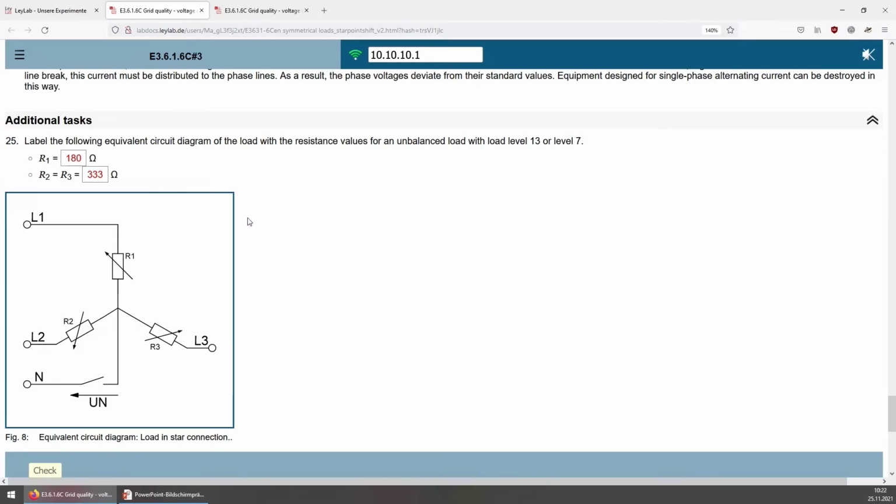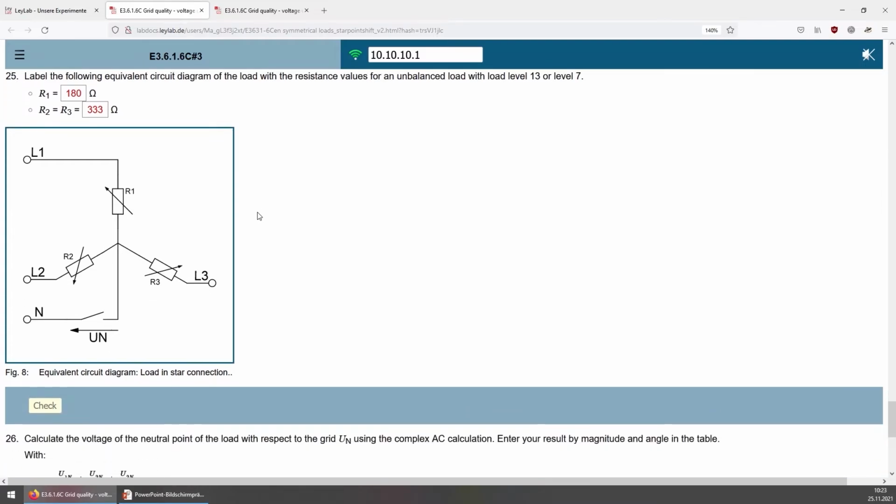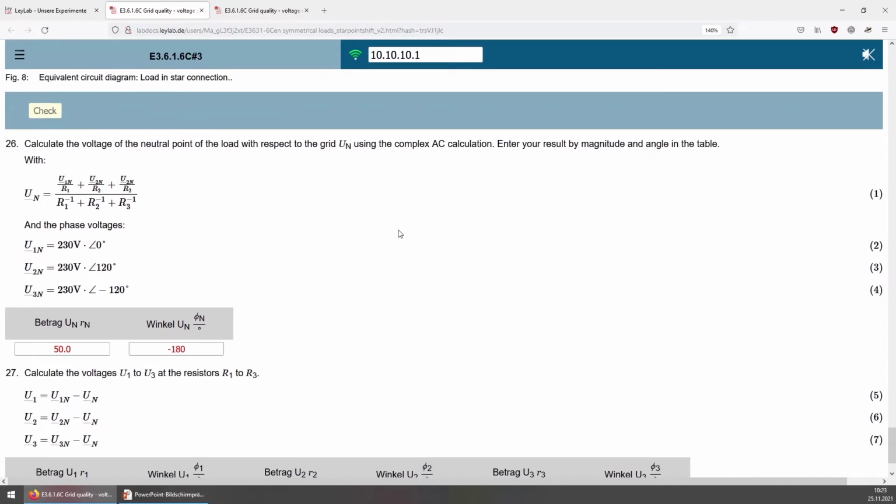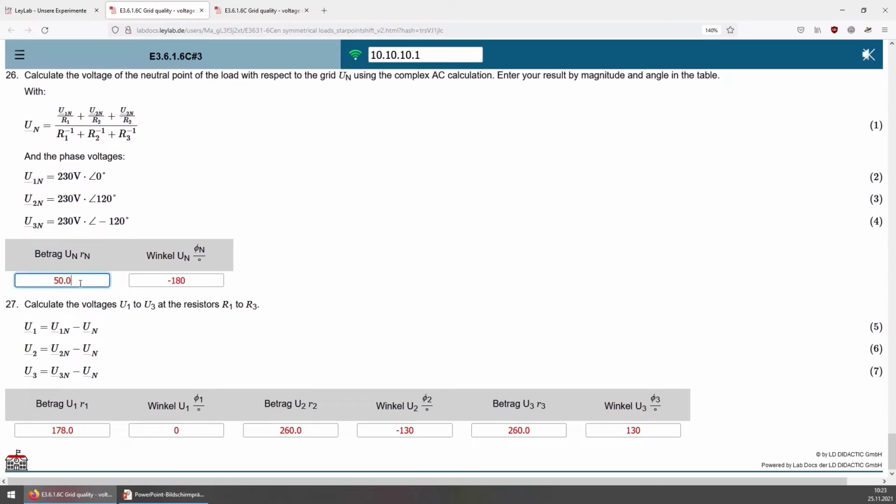We have the resistor values, which we have selected by selecting load level 13 and load level 7, and can then use complex AC calculations to calculate the neutral point shift with a value of 50 volts, and from this calculate the resulting line voltages.